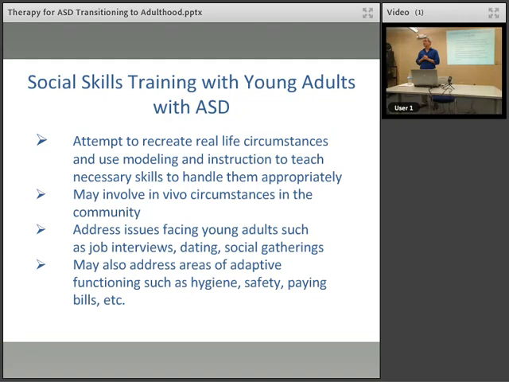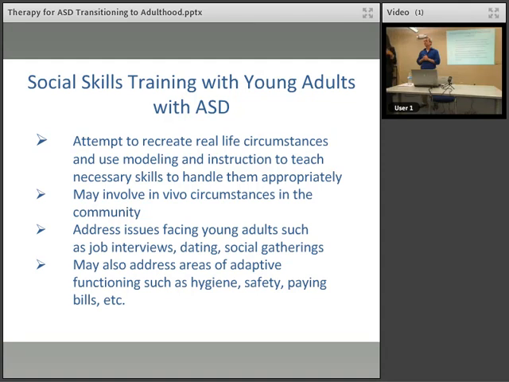So depending on the different offices or agencies with which you're associated, you might find that this age range is targeted. In our office, in particular in the Coral Gables location, we have young adults who are in college or who are beyond college and who are still really in need of this type of service and benefiting.